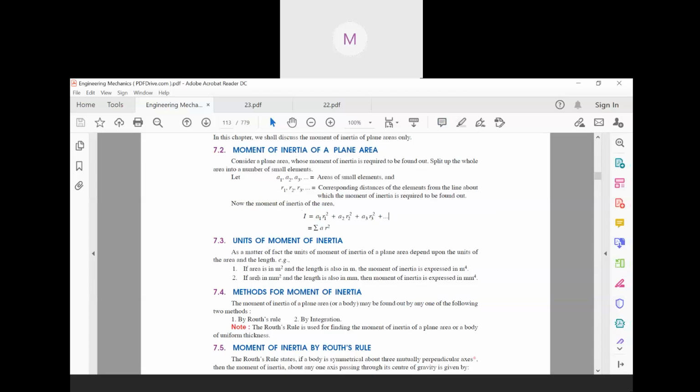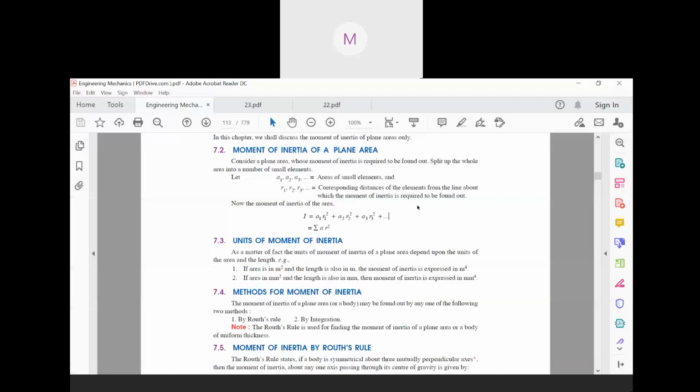Now, what is a? Before, we used to find out the centroid, na? So how we found out the area, that same thing only. You have to find out the area here also. And for r, it is the corresponding distance of the elements from the line about which the moment of inertia is required to be found out.